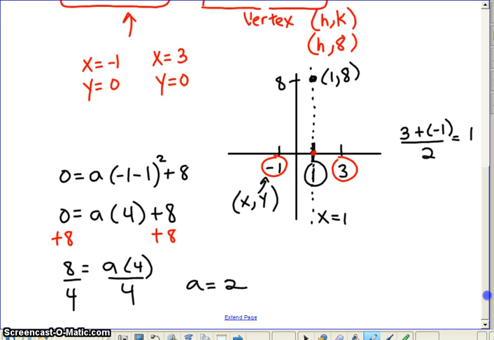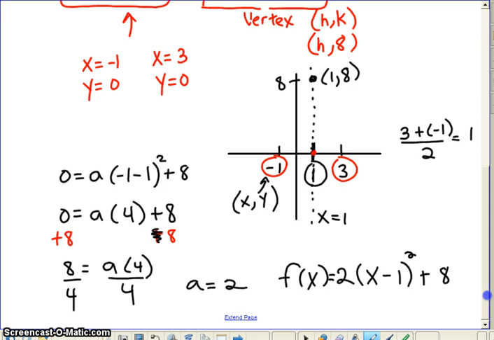So now I can write the equation f of x is equal to 2 times x minus h, and h is 1, so x minus 1, quantity squared, plus k, which is 8. Okay, I made a little mistake here.